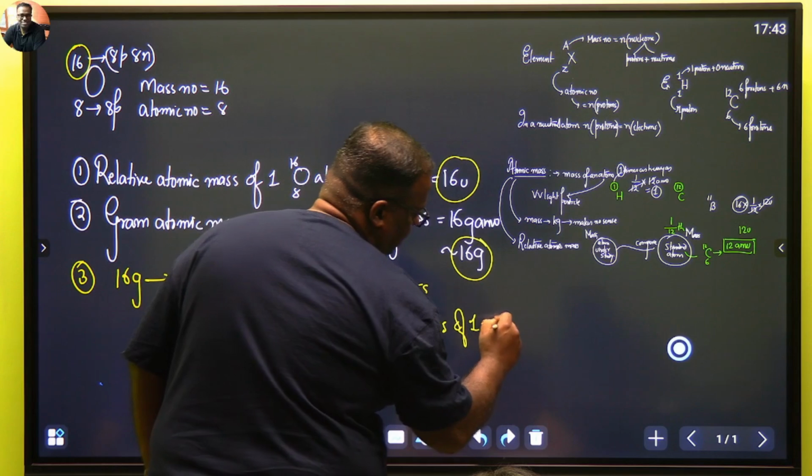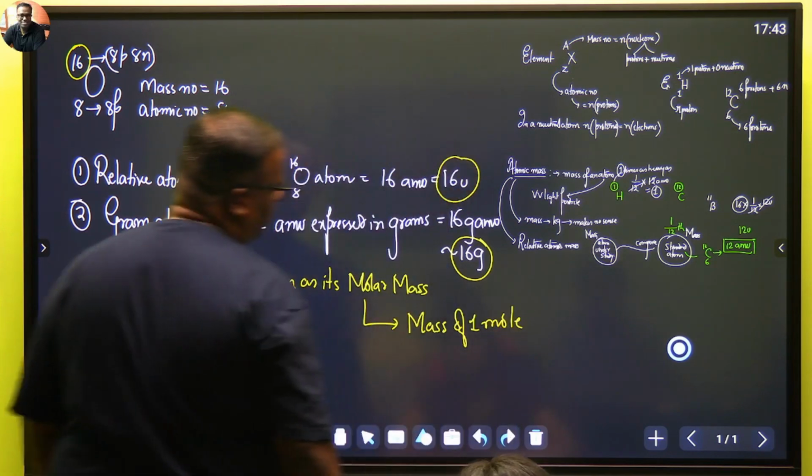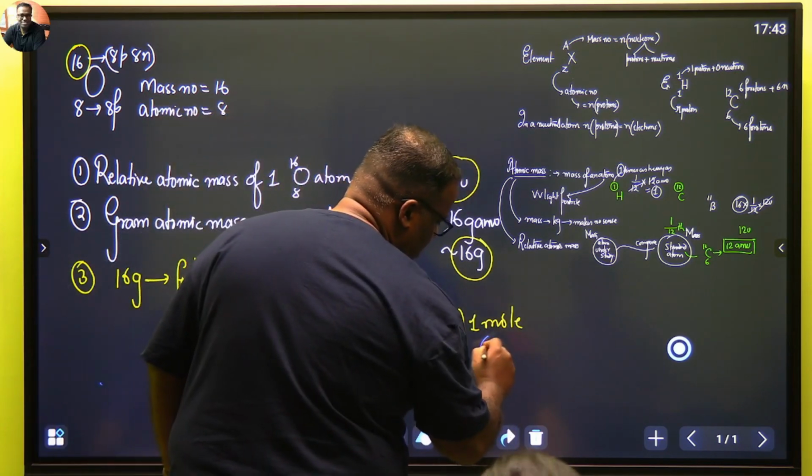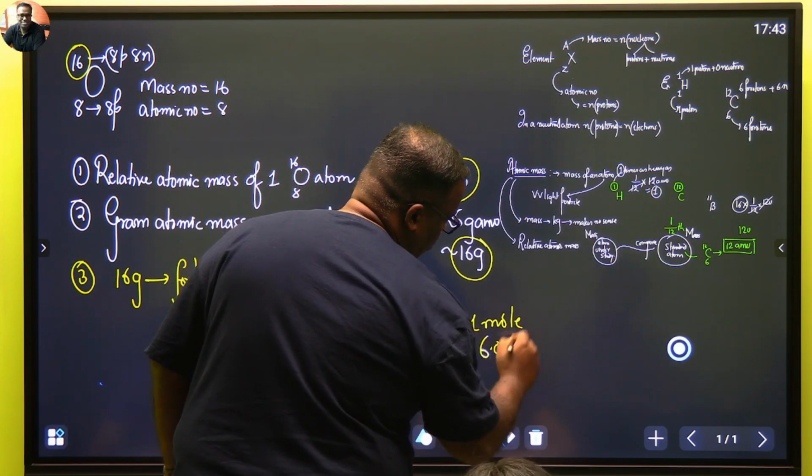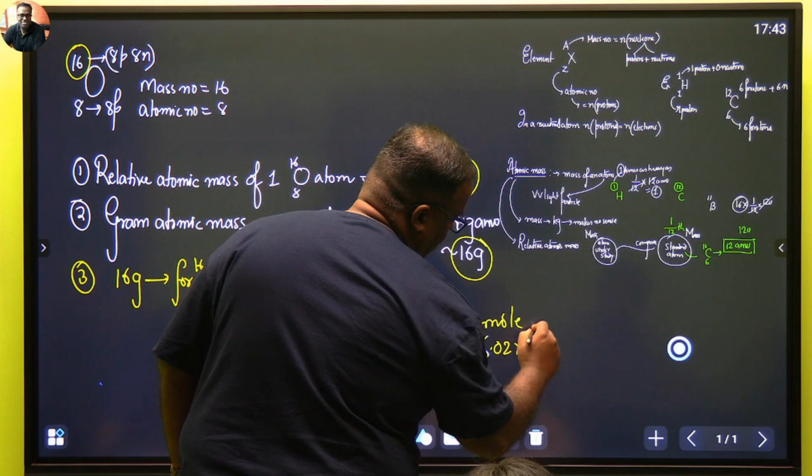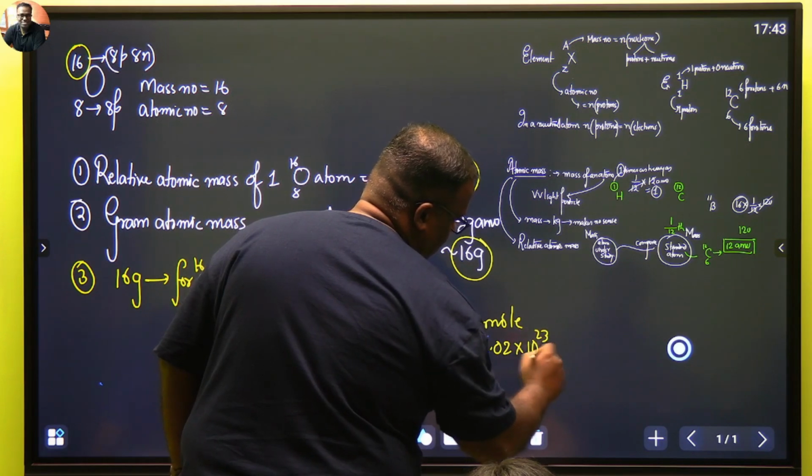If you don't know what a mole is, hold on to this: mass of 1 mole, where 1 mole is 6.02 into 10 to the power 23 count.